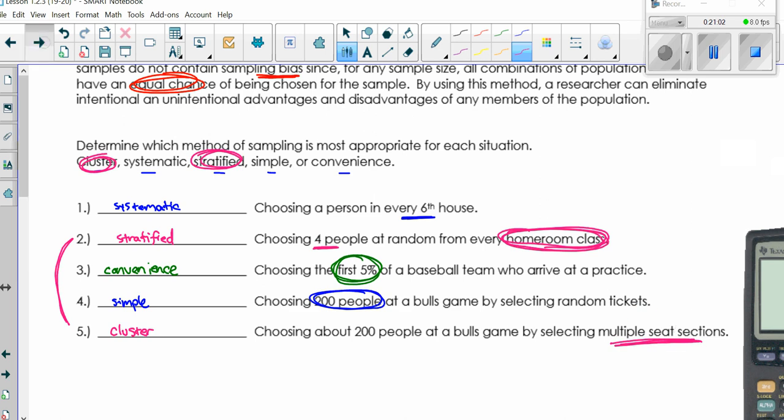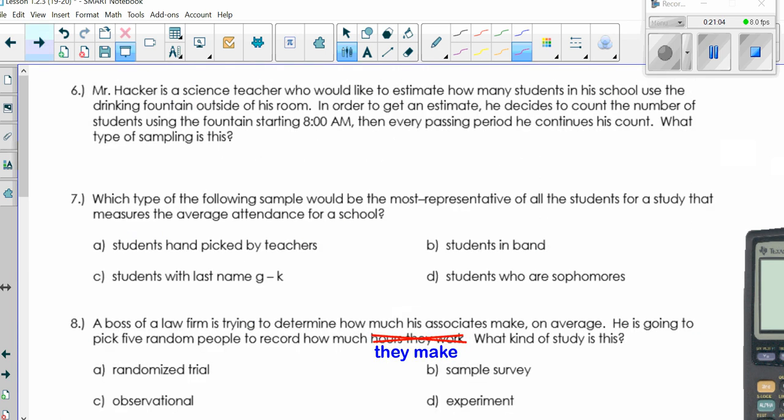All right. If we flip over to the next side, we just have some random multiple choice and open-ended questions to kind of go through. And this is typically what the SAT would look like when they pick stats problems to pop up. Okay, so this first one says, Mr. Hacker is a science teacher who would like to estimate how many students in his school use the drinking fountain outside of his room.